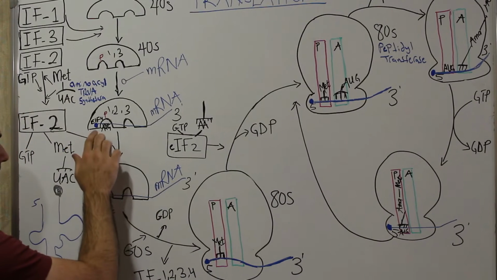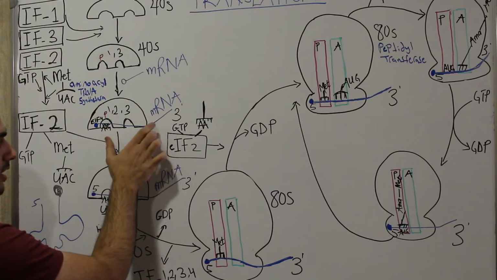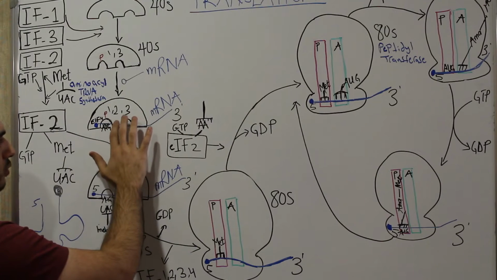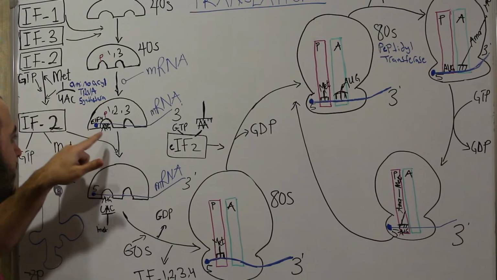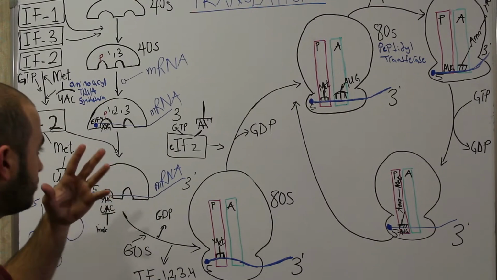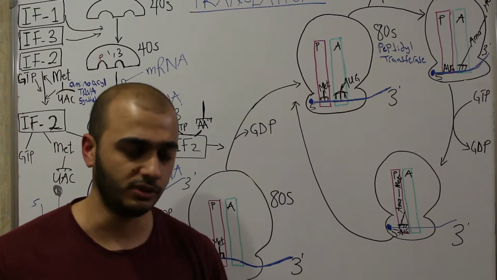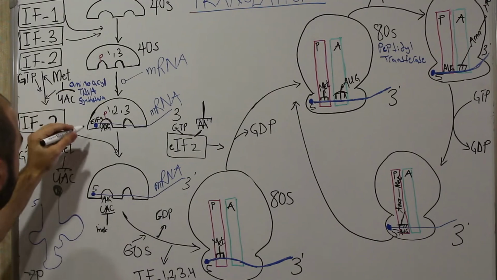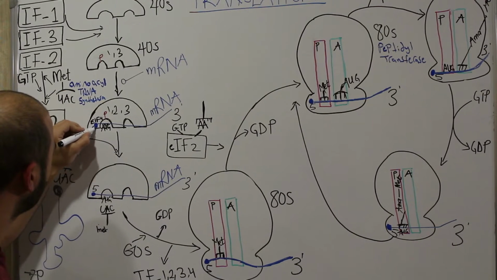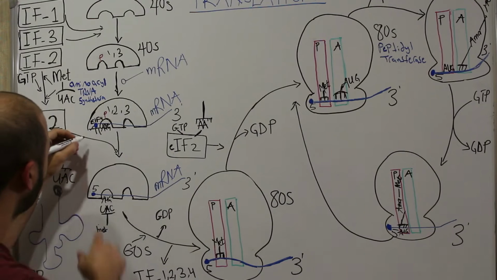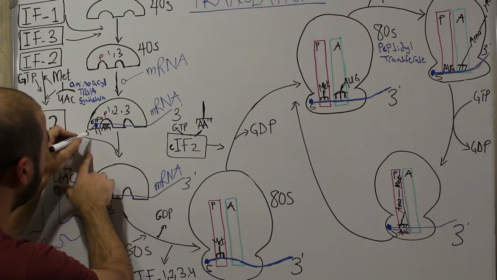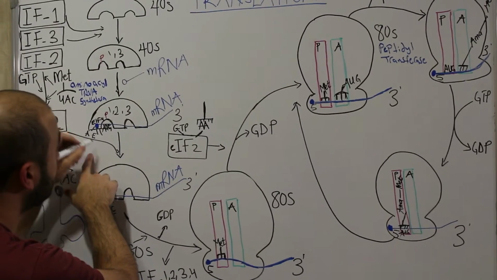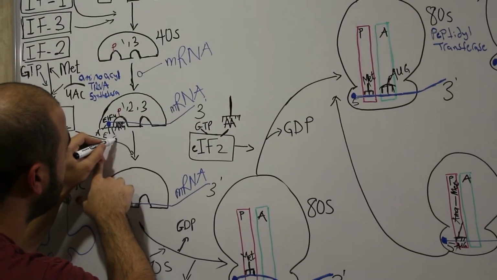The mRNA will be aligned to the small ribosomal unit with the help of factor 4, which comprises three subtypes: 4A, 4E and 4G.